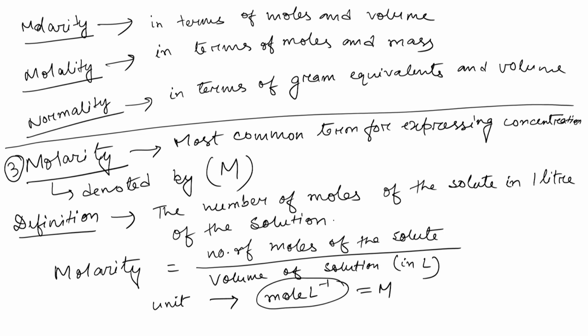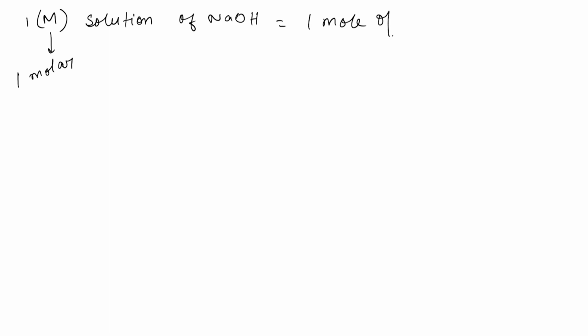So if we say 1 molar solution of something, that means that 1 mole of the solute is present in 1 liter of the solution. For example, 1 molar solution of sodium hydroxide means 1 mole of sodium hydroxide is present in 1 liter of solution.